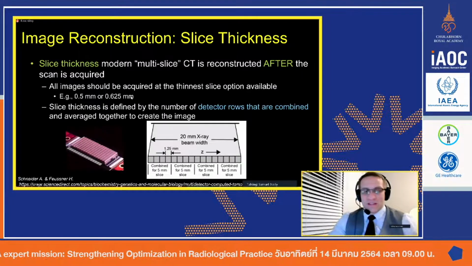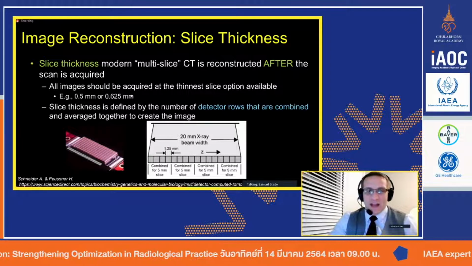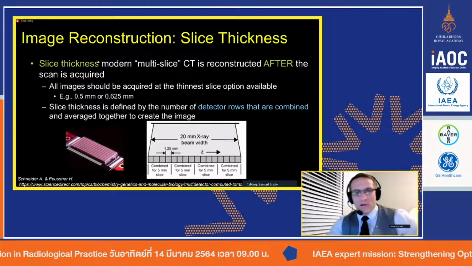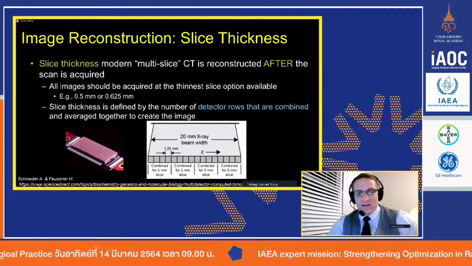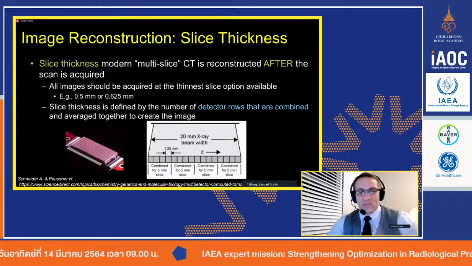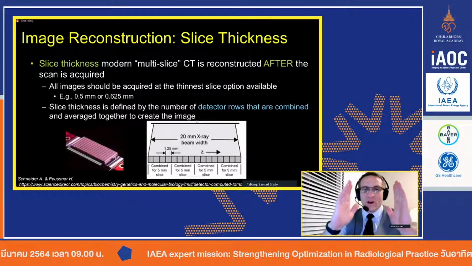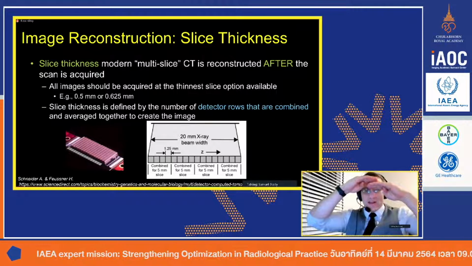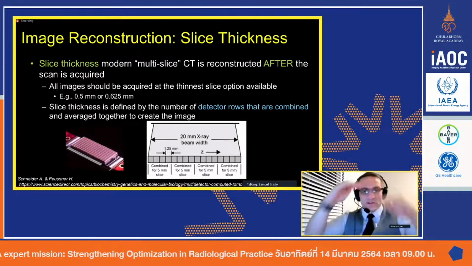Now, does that mean our radiologists are always looking at 0.5 millimeter slice thickness images? The answer is no, because in a modern multi-slice CT scanner, we will use a total beam width. So we're going to acquire a certain slice over the body, or in our case over the head, that, as in this example, is 20 millimeters.